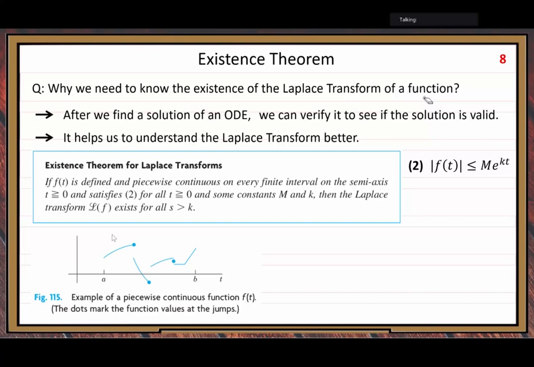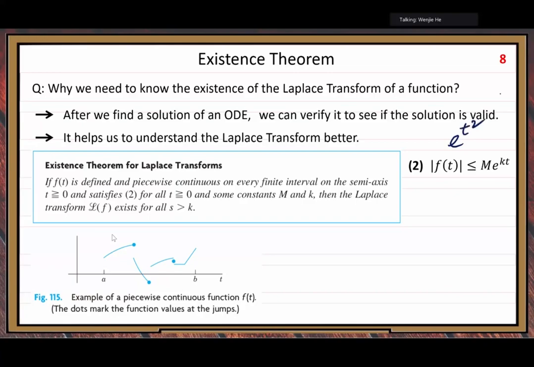From this existence theorem, you can see if your little f function is too bad, that means it's growing even faster than that e function. For example, think about the function e to the t squared.